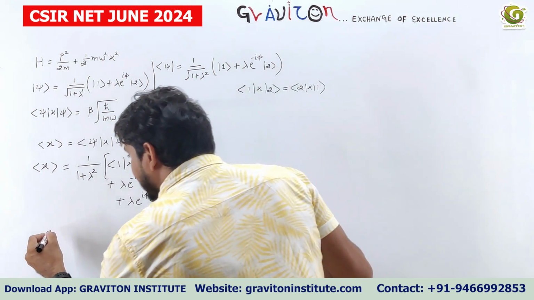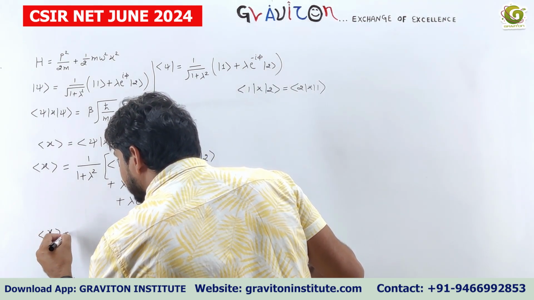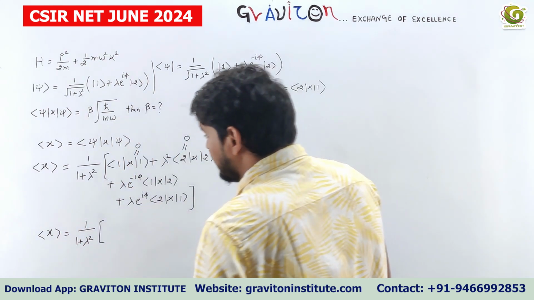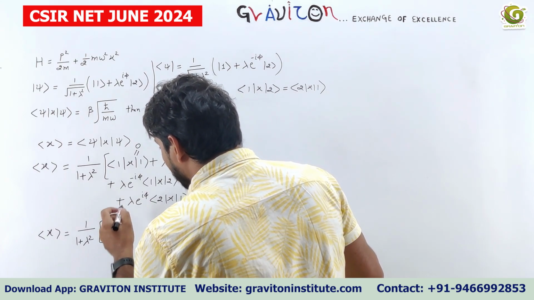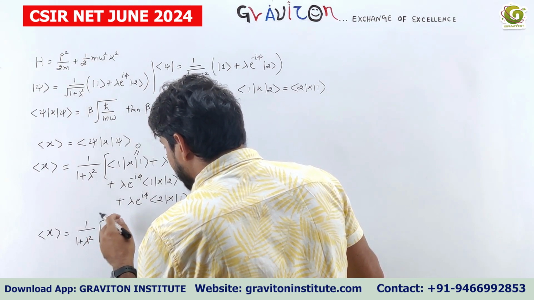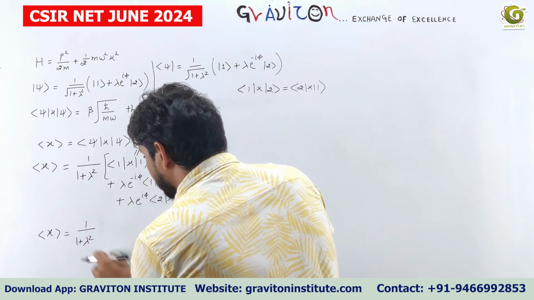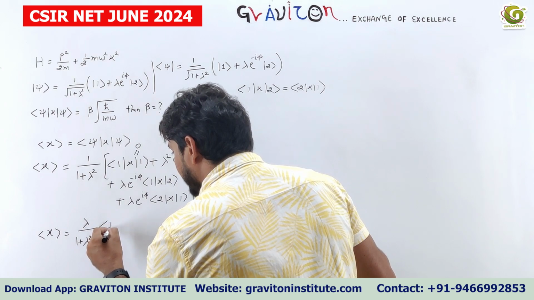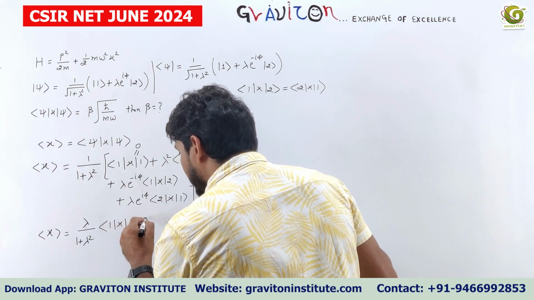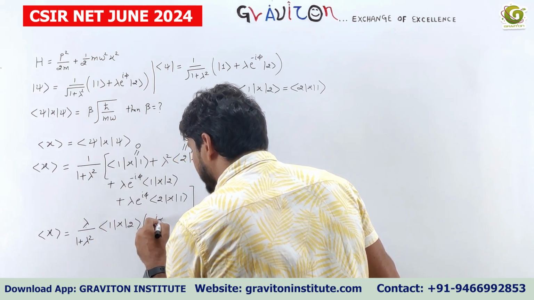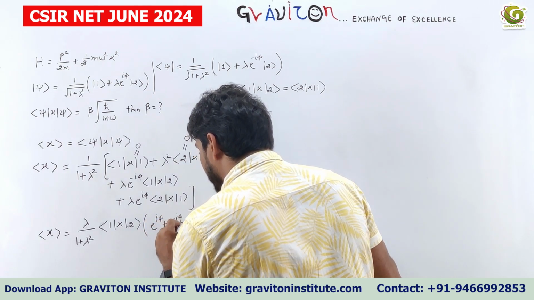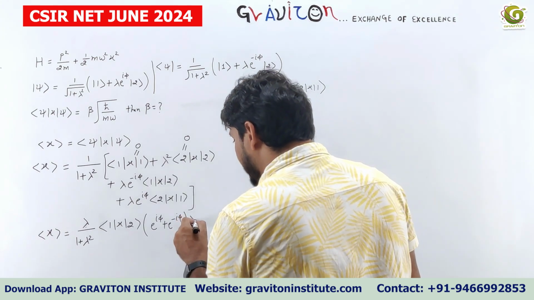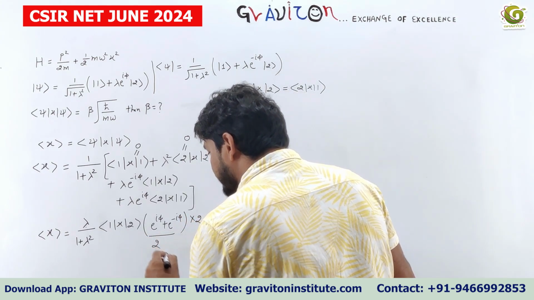So now I can write it like this, that the expectation value of x is 1 over 1 plus lambda square, and this will become, again, you can write it like this. You can take this lambda common and you can take this term 1x2 also common, and inside the bracket you will see e to the power iota phi plus e to the power minus iota phi. Now what I can do? I can multiply by 2 and divide by 2.